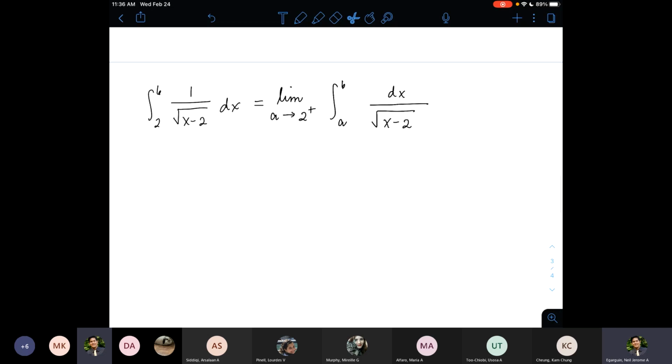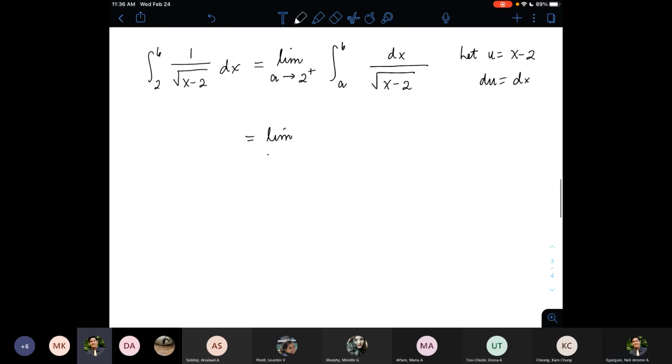But to do that, I'll need a substitution. I can let u equal x minus 2, so du is equal to dx. So here I'll have the limit of the integral of du over root of u, okay?